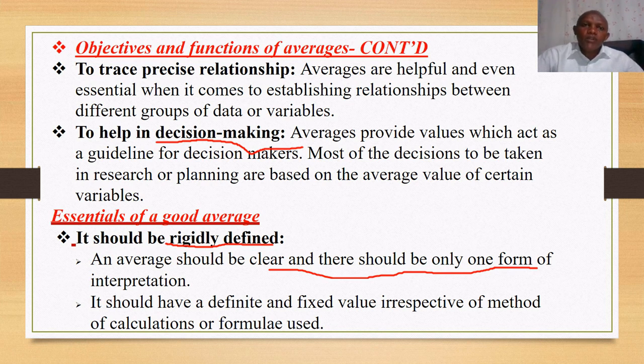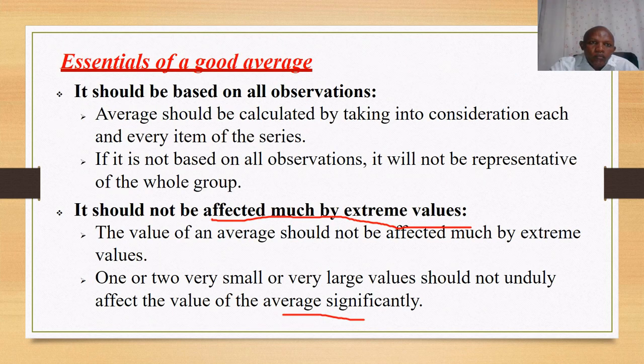Now, what are the qualities of a good average? I rush again very fast, because this is not really the main thing here. A good average should be rigidly defined. What do I mean? It should be clear, and there should be only one form of interpretation. So it must have a rigid definition. The other quality of a good average is that it must be based on all values.